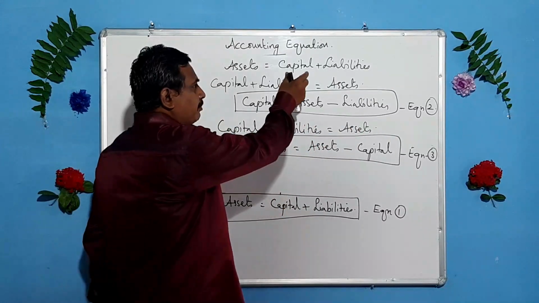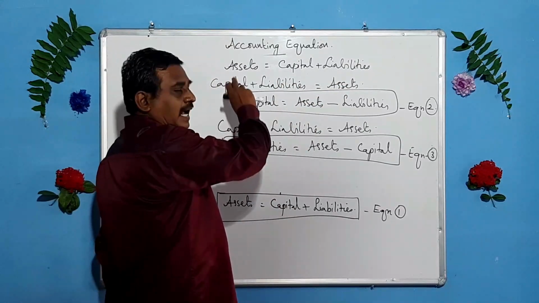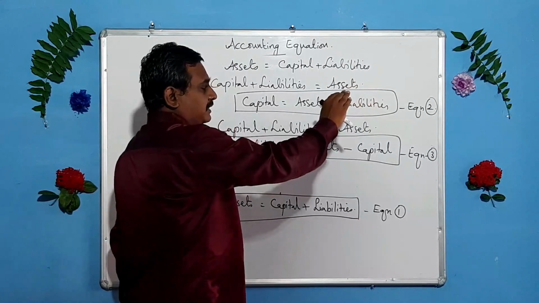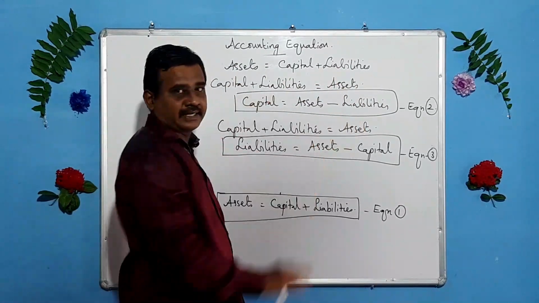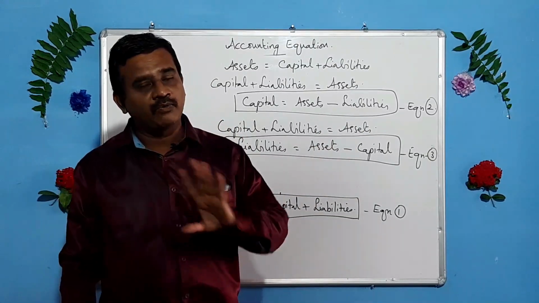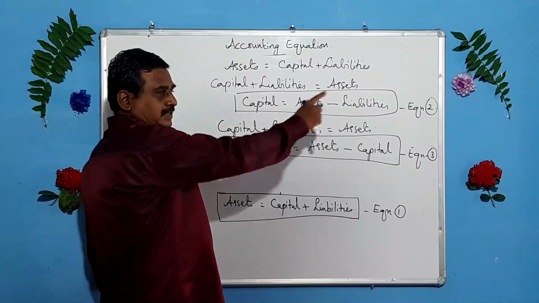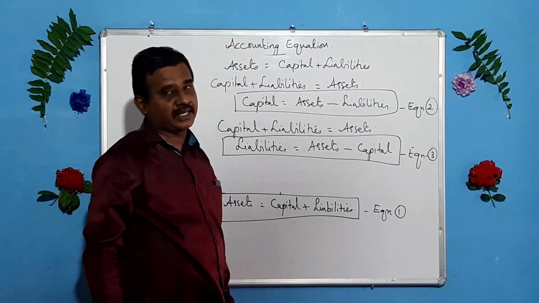It means we bring capital plus liabilities to the left hand side and assets is taken to the right hand side. The value remains constant. Constant means fixed. Value will not change. I have written capital plus liabilities is equal to assets.